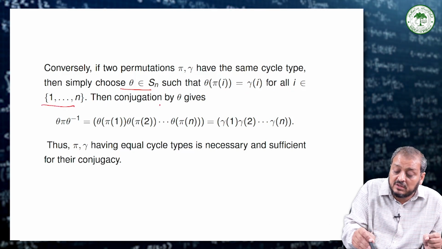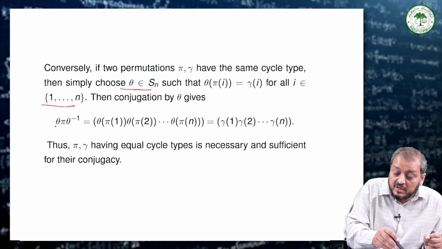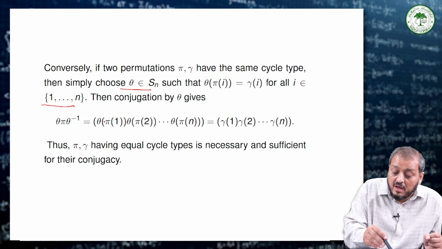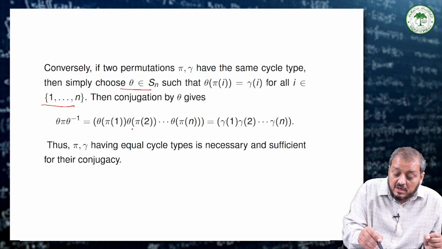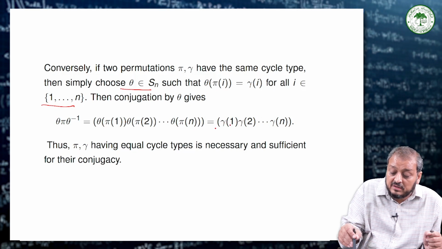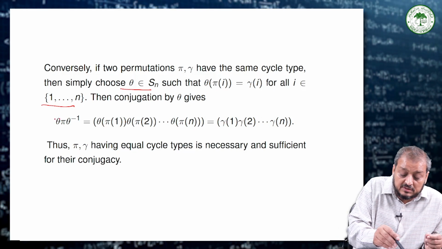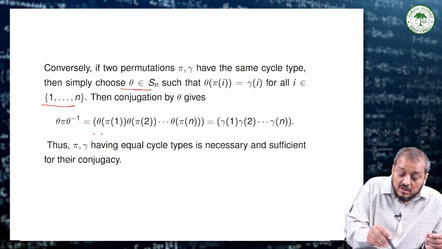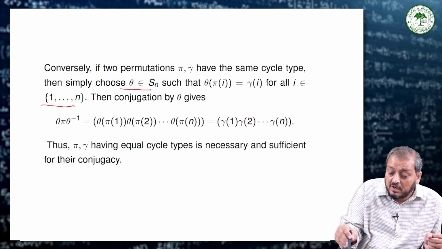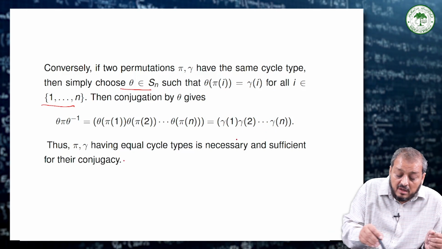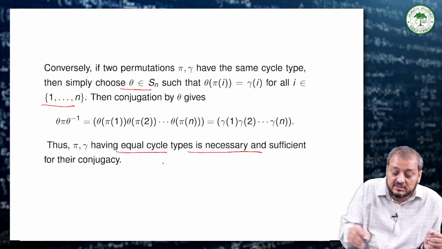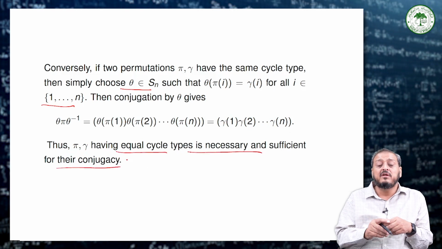Then conjugating by theta, theta pi theta inverse can be written in the form (theta pi 1, theta pi 2, and so on up to theta pi n), which is nothing but (gamma 1, gamma 2, up to gamma n). So pi and gamma having equal cycle length is a necessary and sufficient condition for their conjugacy.